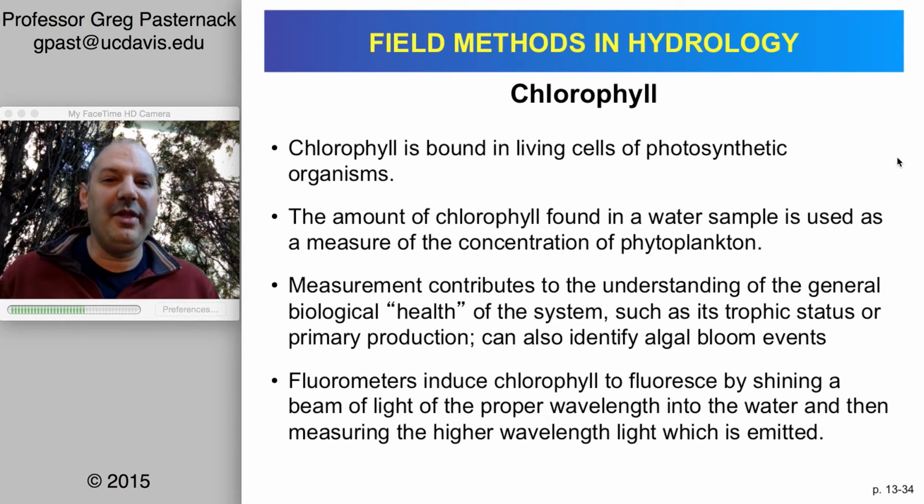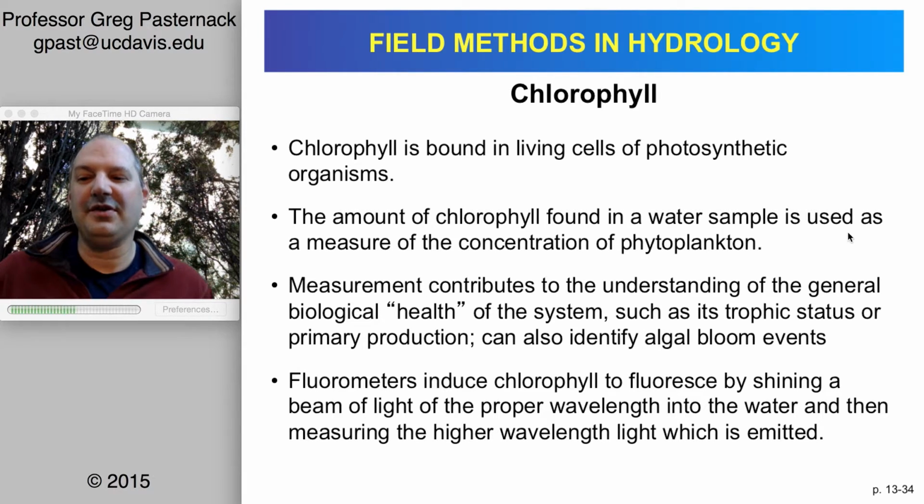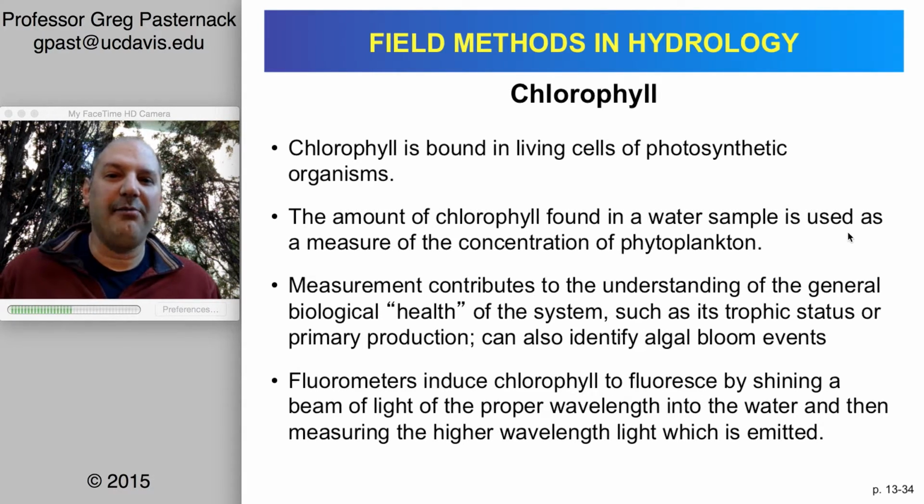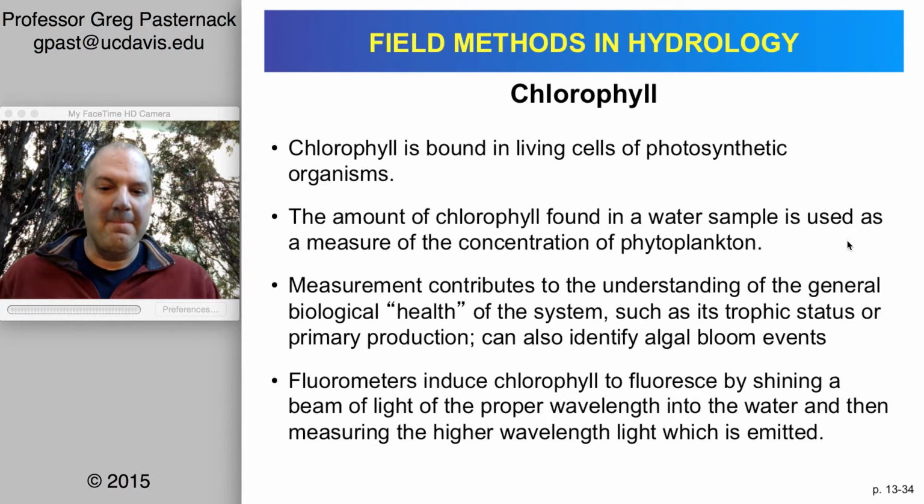Another variable that could be quite useful is chlorophyll. It's bound in living cells of photosynthetic organisms, and it's used as a measure of the concentration of phytoplankton. So that can be an indicator of if there's runaway plant growth somewhere, or in a coastal zone, comparing the relative abundance of phytoplankton.